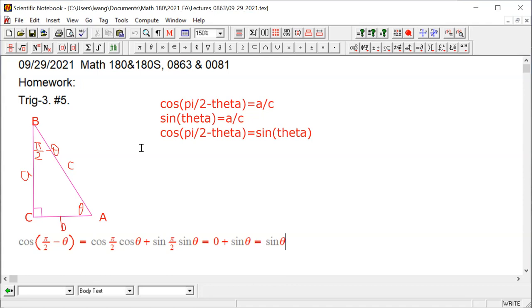Any other questions? Do you think you can do number 6? Sure. Number 6 will be similar, right? If you're into deriving, so I'm going to clean this up.